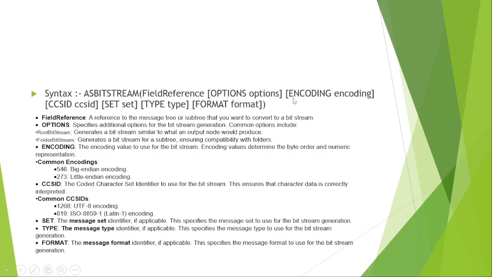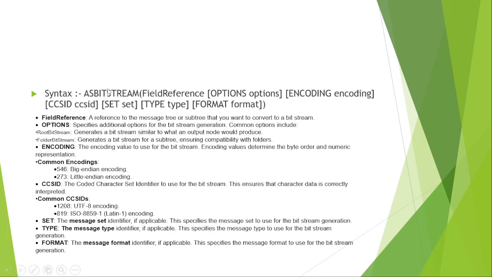You can use encoding, CCSID, set, type, and format. The thing shown in capital letters is the ESQL syntax, and the thing shown in small letters is the value that we are going to provide.